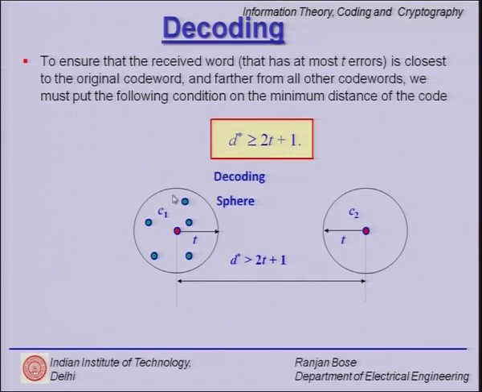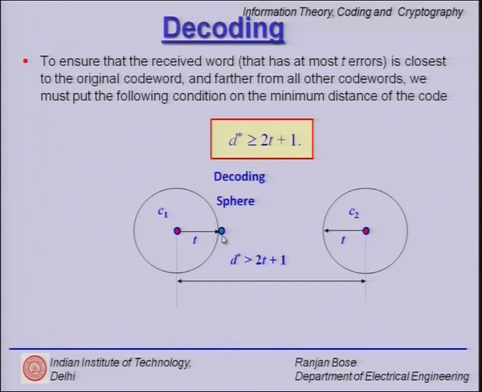So we draw a circle around C1, and there are many points inside this circle which are at a Hamming distance t or less. Whoever is sitting on the circle's circumference is exactly at a Hamming distance t. The rest are closer, but definitely less than t. But the worst case is that this point is sitting at t. Now we can have non-overlapping spheres such that C1 and C2 do not overlap in terms of their decoding spheres.